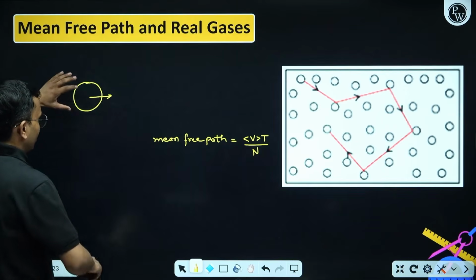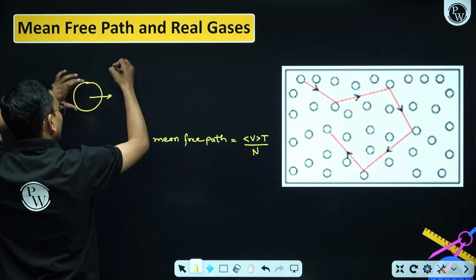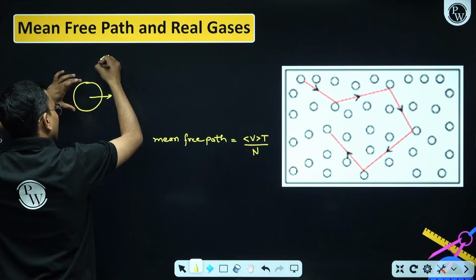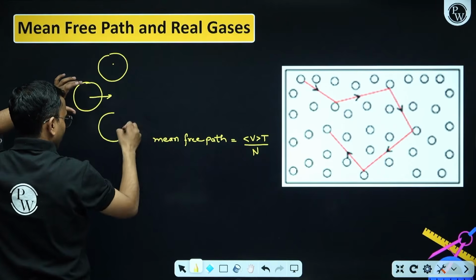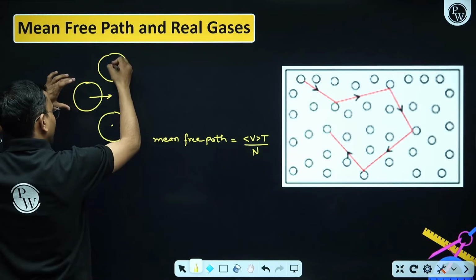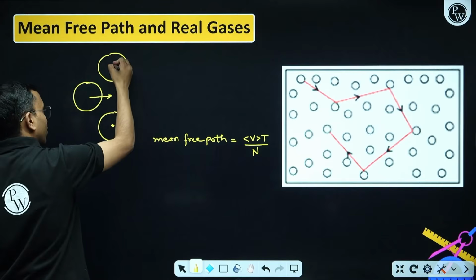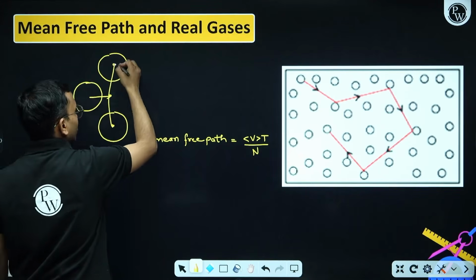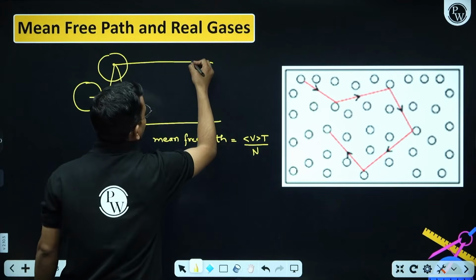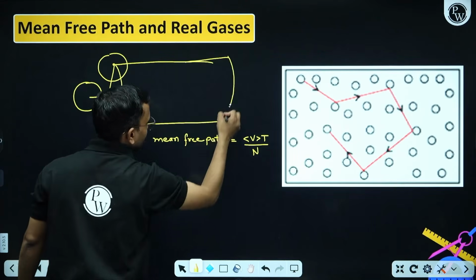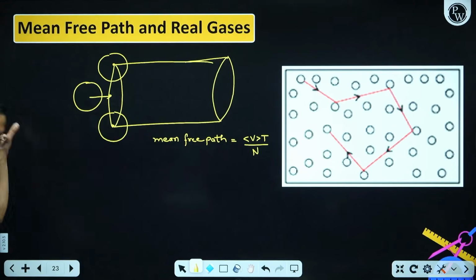This molecule will collide with any molecule which is in between from here to here. So this becomes a cylindrical kind of volume, and any molecule inside this cylindrical volume will have a collision with this moving molecule.